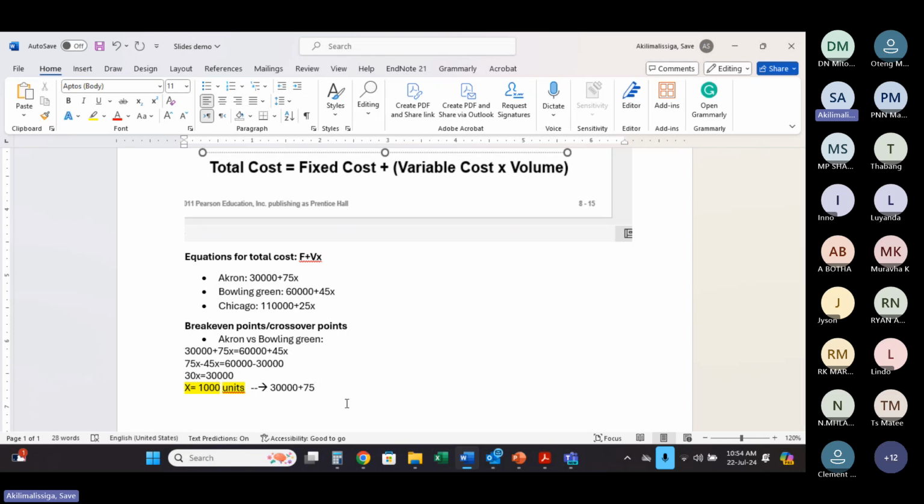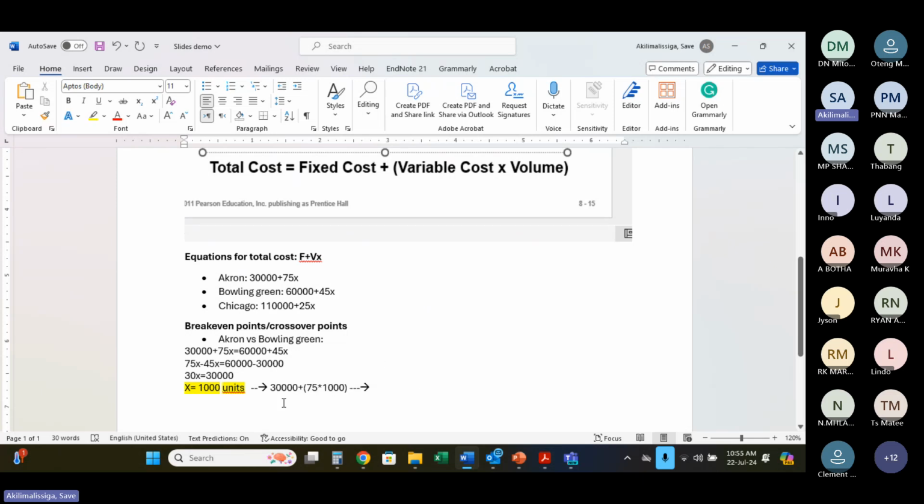So here, now it's going to be times 1,000. To be safe, you can put your bracket there in your calculator. And this is going to give us the cost of producing 1,000 units.